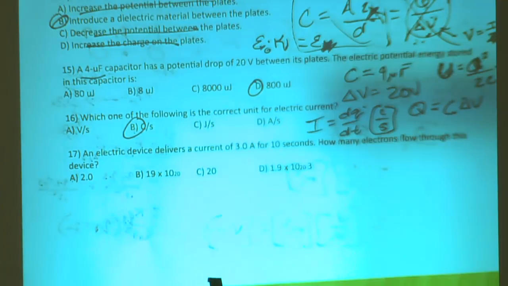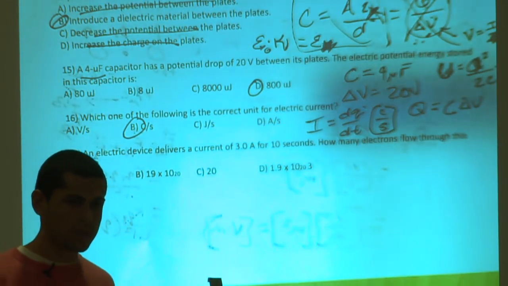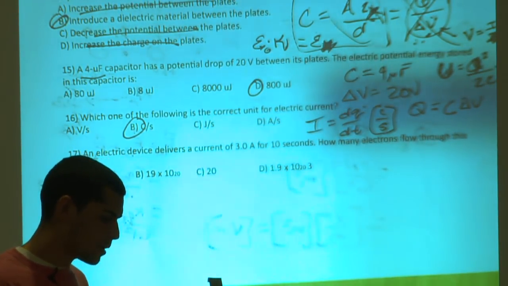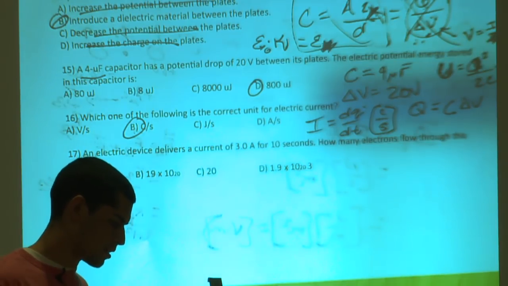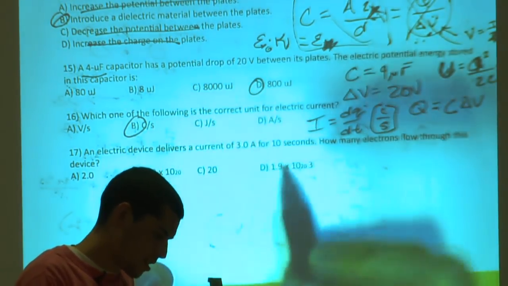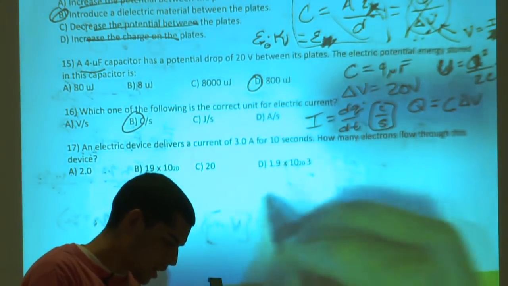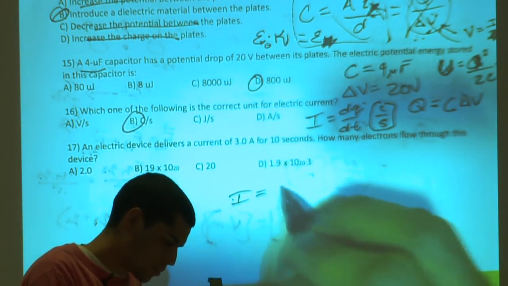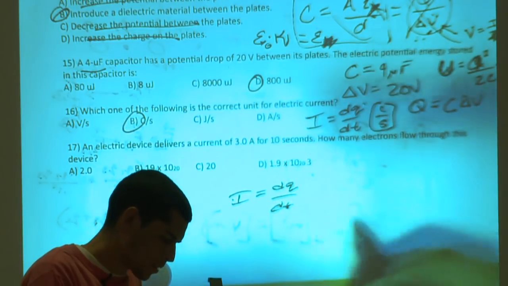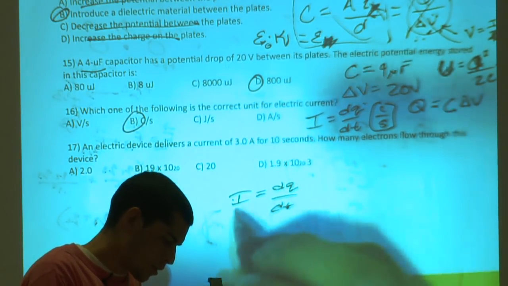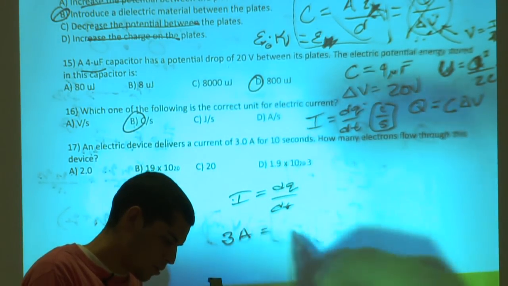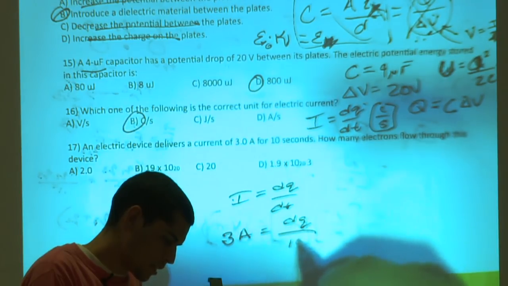So an electric device delivers a current of 3 amperes for 10 seconds. How many electrons flow through this device? This is a good one. Looking at our previous equation, I equals dq over dt, we have 3 amperes equals dq over 10 seconds.